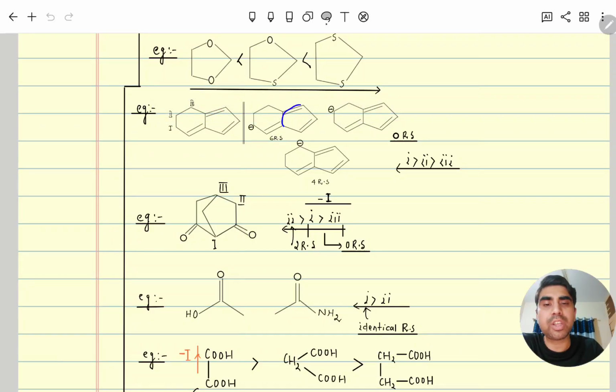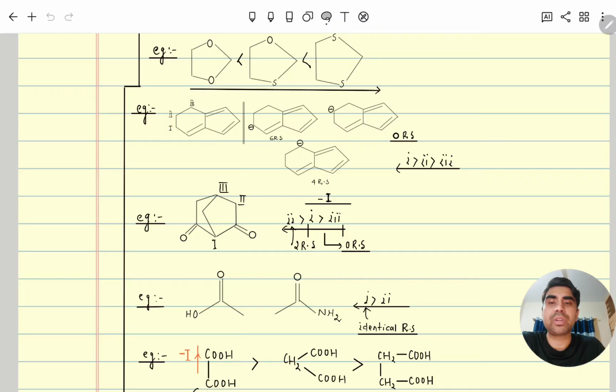So from here 3, 4 and 1, 5, 6, it has 6 resonating structures. This one has 0 resonating structures. Why? Negative, single, single, negative, single, single. Whereas this has 4 resonating structures. The more the resonating structures, the more the stability.